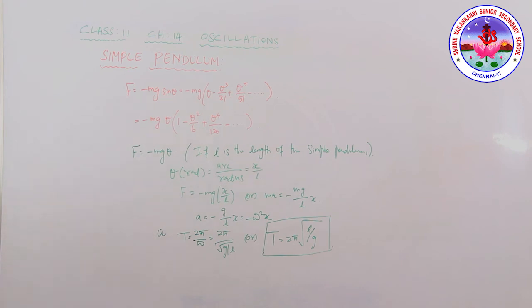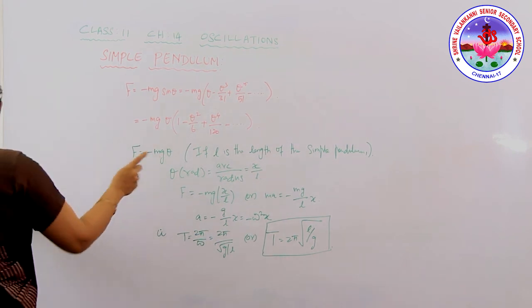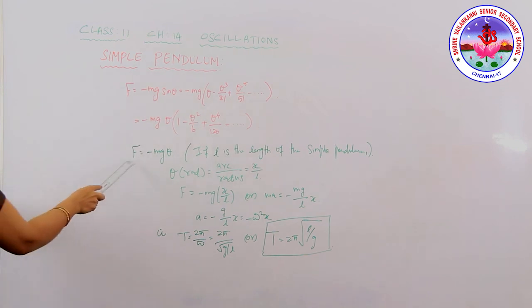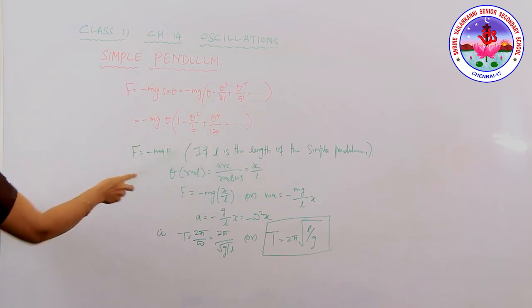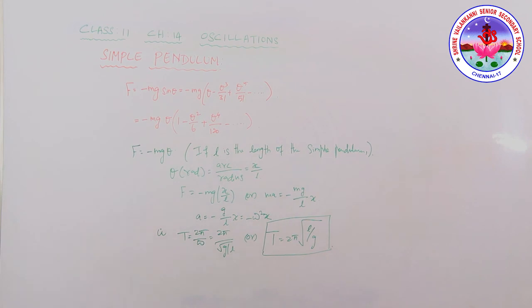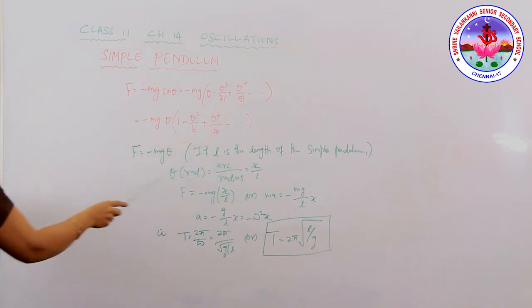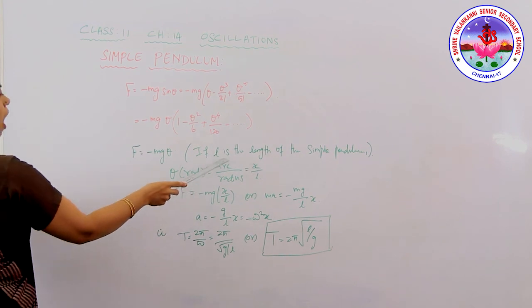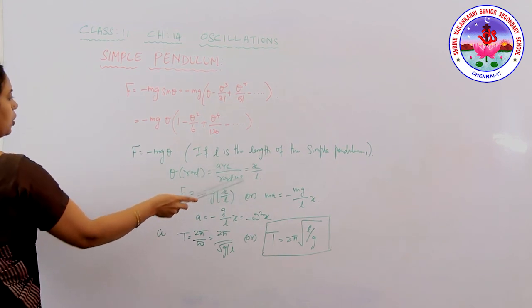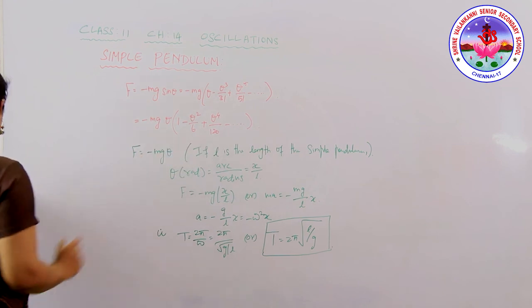If theta is very small, we can neglect the higher powers. Then F equals minus mg theta. Let L be the length of the simple pendulum. Theta in radians is arc by radius, which equals x by L. See the diagram.